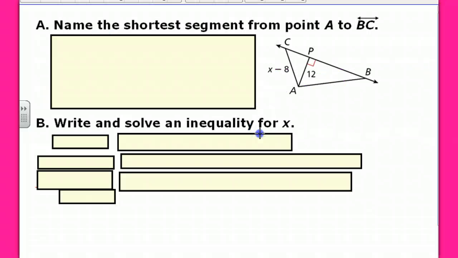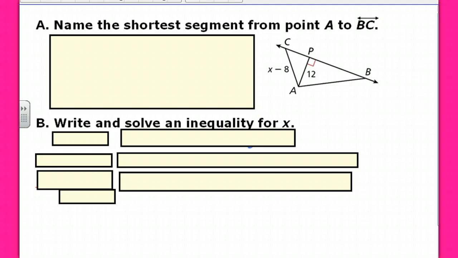Okay? So let's name the shortest segment from point A to line BC. And so name that for us, Andrew. It's AP, so that's pretty easily given here. So now, what do we want to do here? We just said that the shortest distance from A to this line CB would be a perpendicular distance.